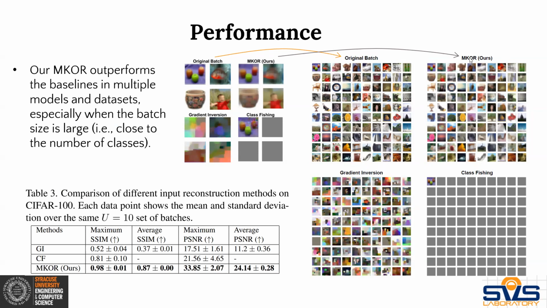The upper right is the reconstruction from MKOR, and the lower are the reconstructions by gradient inversion and class fishing, which focus on only one sample per batch. And we see our reconstruction is the closest to the original input.